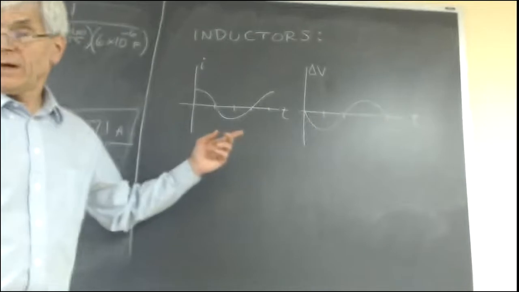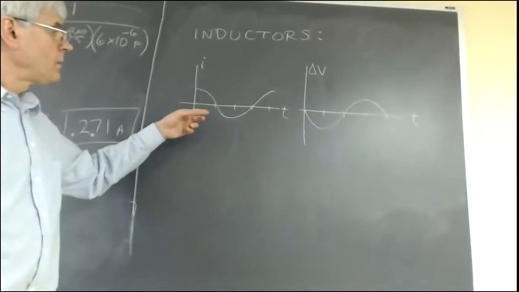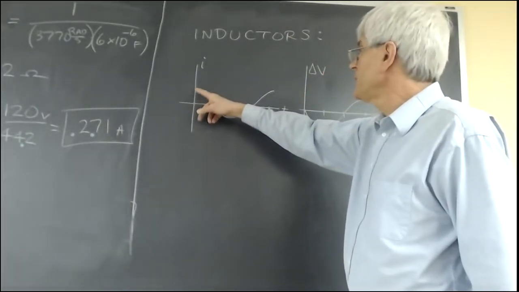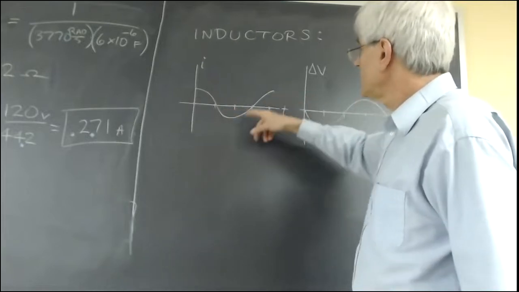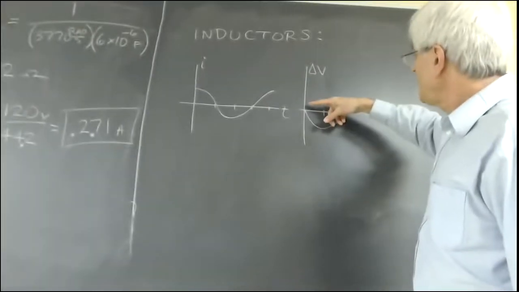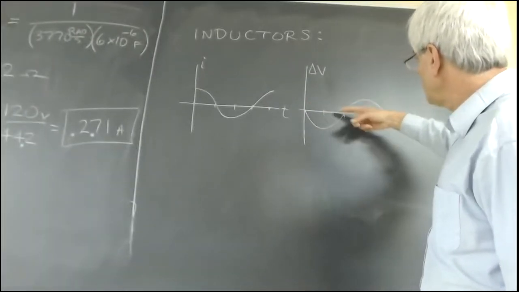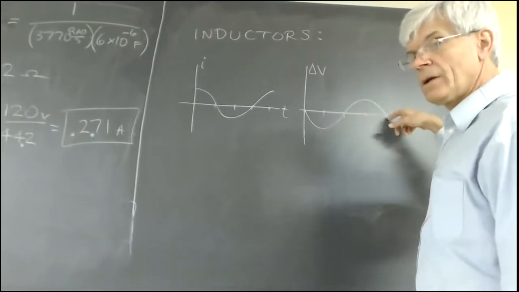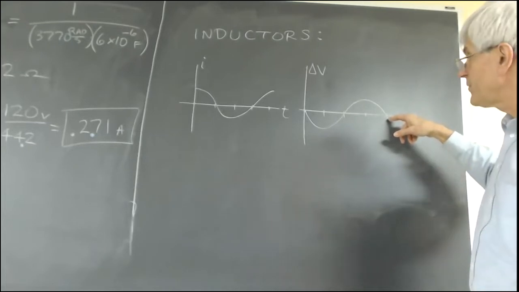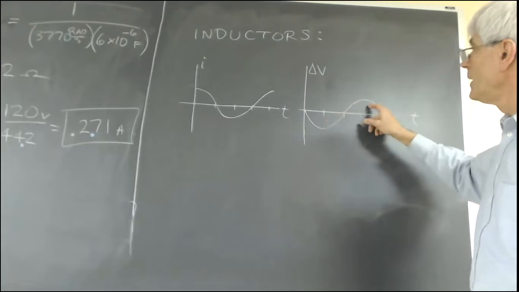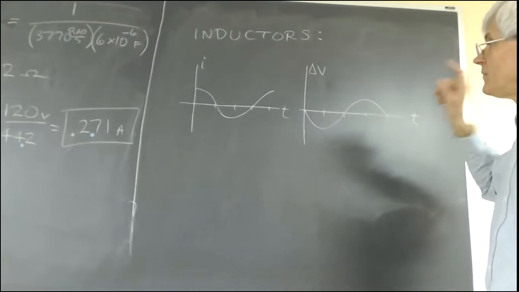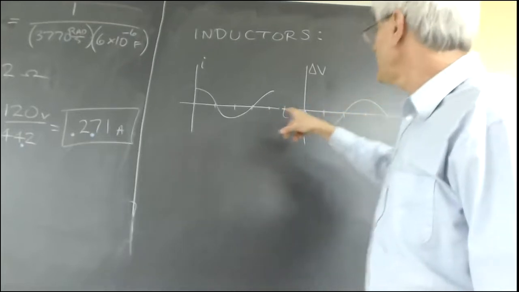Because what I had just finished saying was that we had a graph for a capacitor where this was the current, same thing that I drew here, and for the capacitor you had a sine wave that would be positive here and negative there, and then I explained that with an inductor it should be the same thing flipped upside down. That would look like this, and that means that in the inductor, voltage leads, current lags.